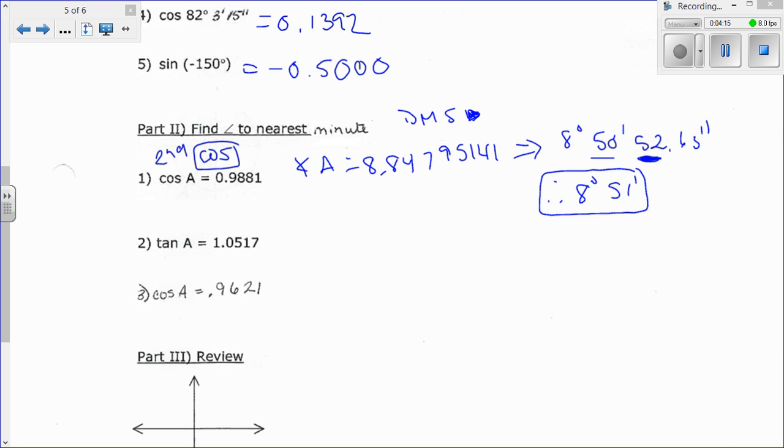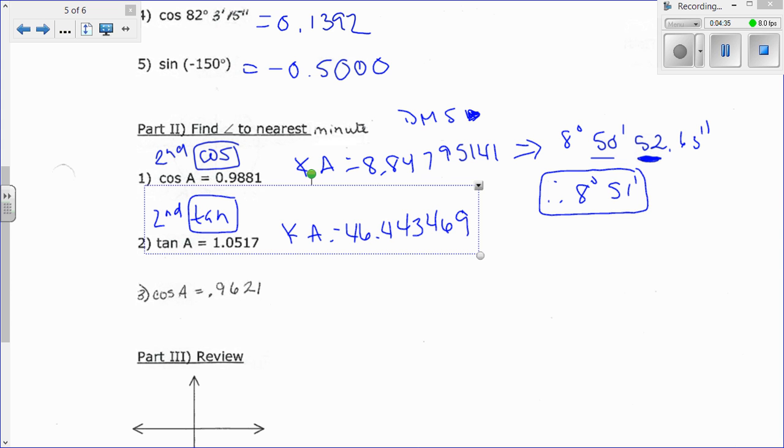If tangent of A is equal to 1.0517, again it's second tan, and then I would get angle A equals 46.443469. And again, I need to hit the DMS button.